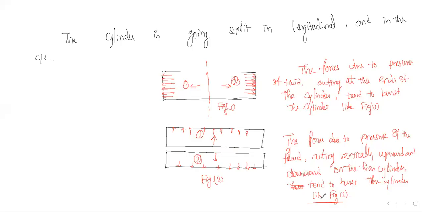Okay, so there are two types of failure. One is acting on the sides, so that the entire cylinder is going to be divided into two different cylinders. And another one is going to have two halves of the cylinder like this. Here the tension force is acting, tension stress, and because of that it is going to have the failure like that.